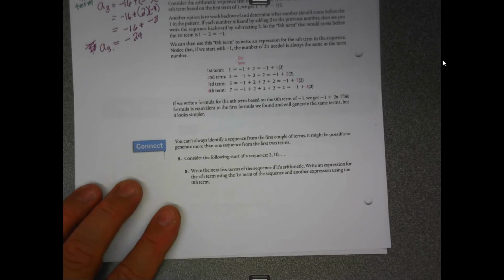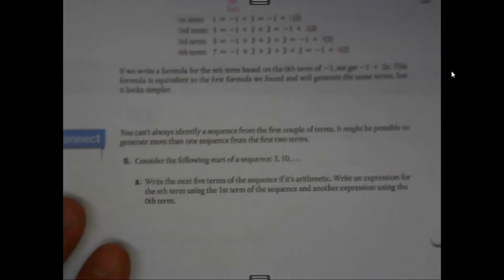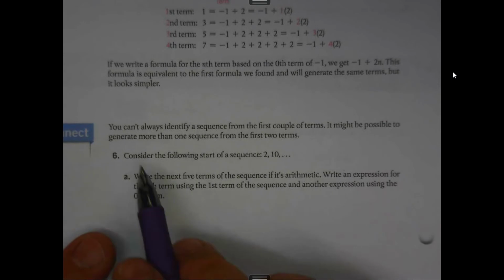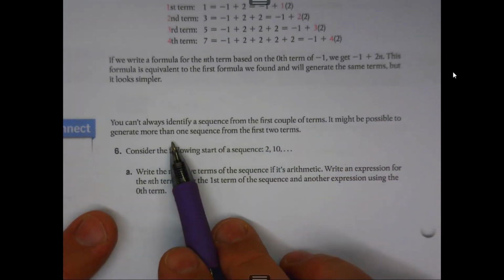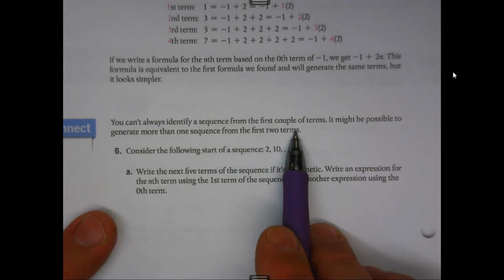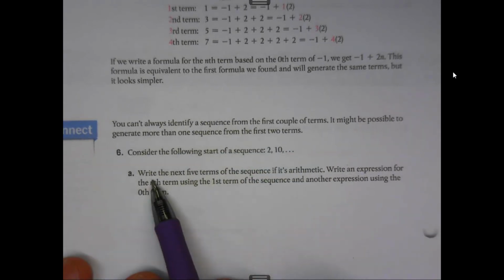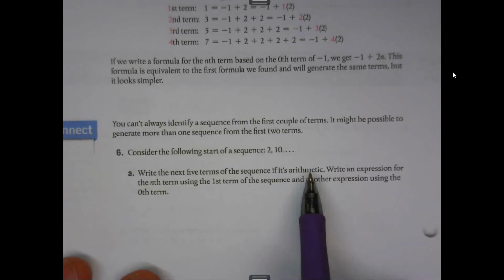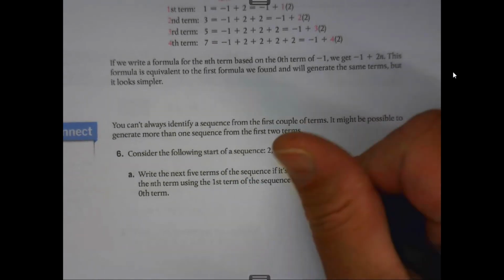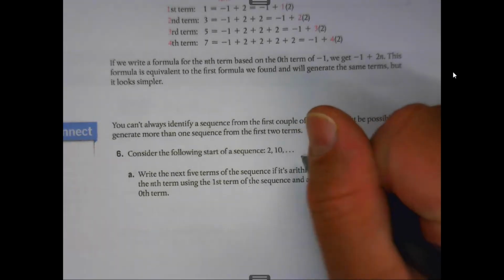All right, number 6. You can always identify a sequence from the first couple of terms, but it might be possible to generate more than one sequence from the first 2 terms. Write the next 5 terms of the sequence if it's arithmetic. So we're adding a number.